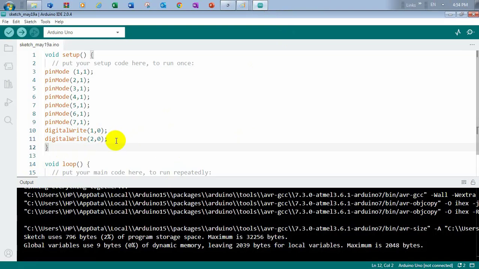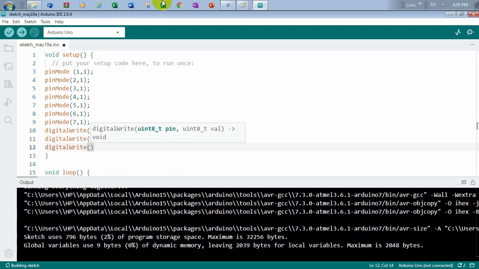We write digital write, open parenthesis, and we write 3, comma, and 1, and don't forget the semicolon, and we compile.